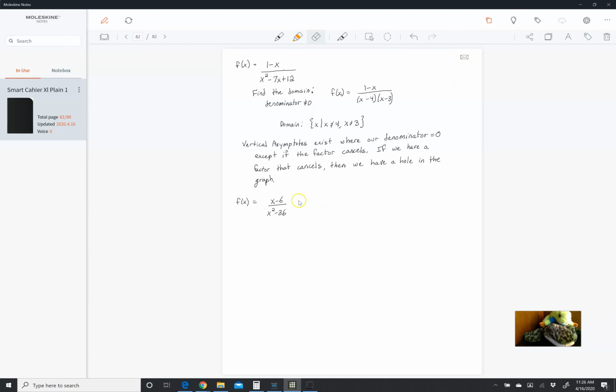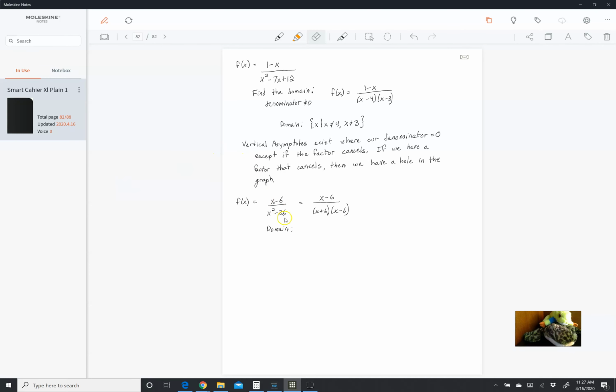Now we want to find the domain, so if we find the domain, it doesn't change, okay? If we factor, we get x minus 6 in the numerator, nothing to factor there. And then this is a difference of squares, so we have x plus 6 times x minus 6.